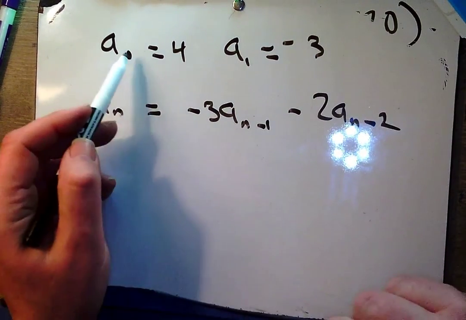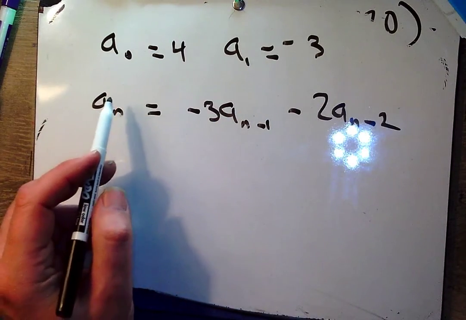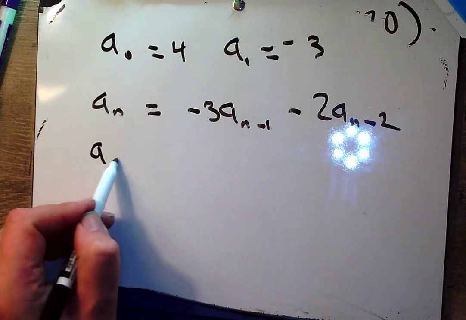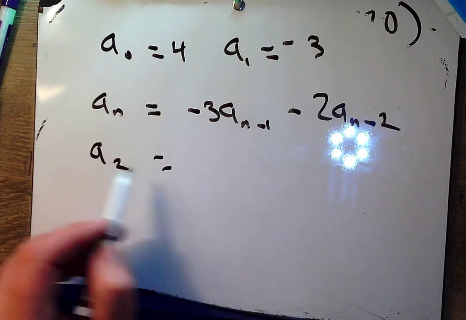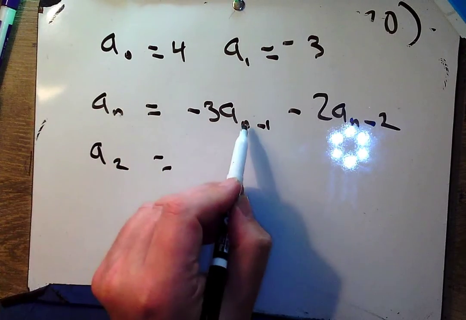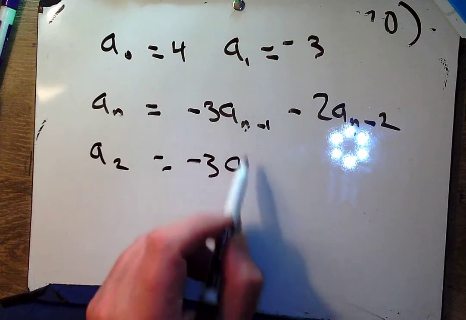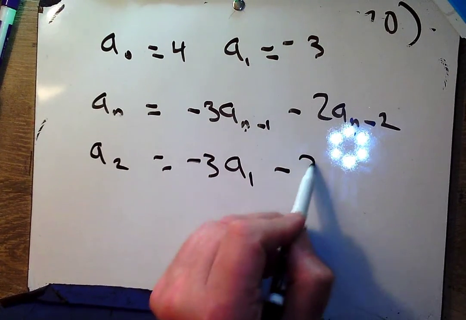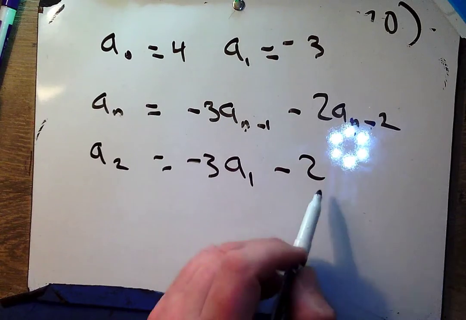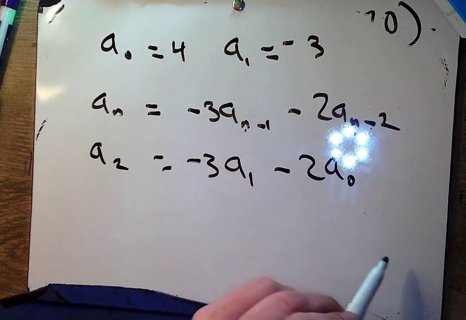So, for example, we've got the first 2 terms. We're looking for 5 terms. If I'm looking for A sub 2, well, that means n is 2. So I could write this as A sub 2 minus 1 is 1. A sub 2 minus 2 is 0.